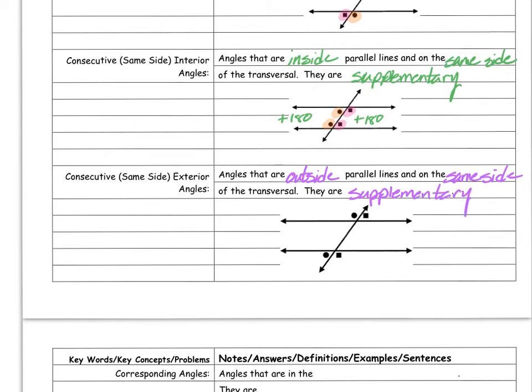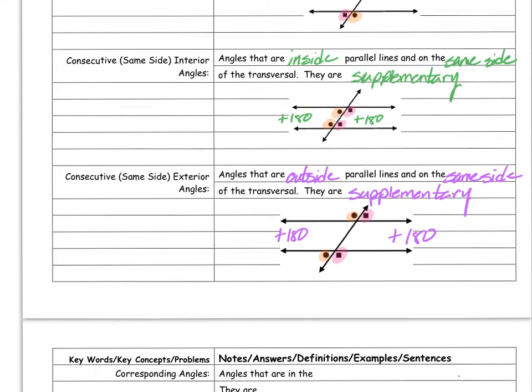So this one, and this one, and this one, and they add to be 180, and on this side, these two also add to be 180. So if they're on the same side, and they're either both exterior or both interior, they add to be 180 degrees.